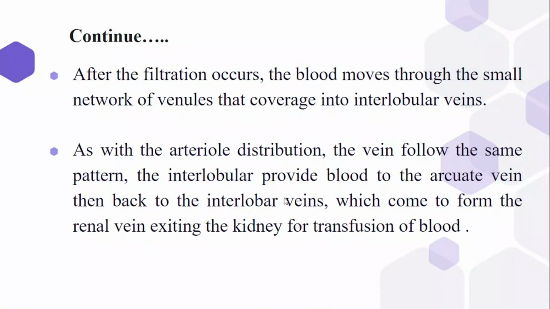After filtration occurs, the blood moves through a small network of venules that converge into the interlobular vein, right? As with the arteriole distribution, the veins follow the same pattern. The interlobular vein provides blood to the arcuate vein, then back to the interlobar vein, which comes to the renal vein, exiting the kidney, right?